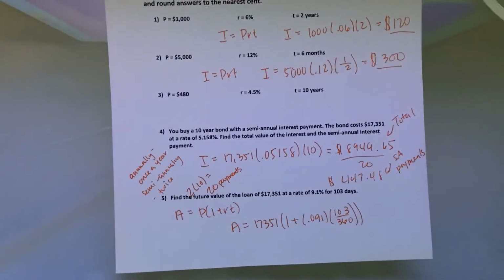Again, it just goes in the calculator. Make sure your parentheses are in the right spot. Just like we did months divided by 12 months a year, we have to do days divided by the total number of days in a year to get this answer.